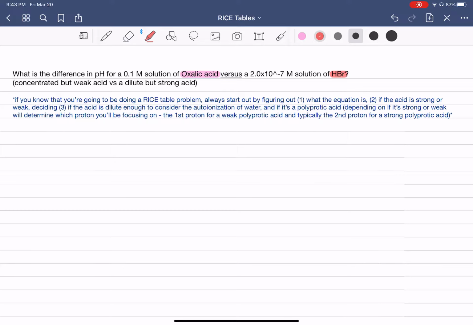Next, I decide if the acid is dilute enough to consider the auto-ionization of water. Now, what I mean by that is, remember in class how we covered the fact that water is auto-ionizing all the time. All that means is that you have water reacting with itself.